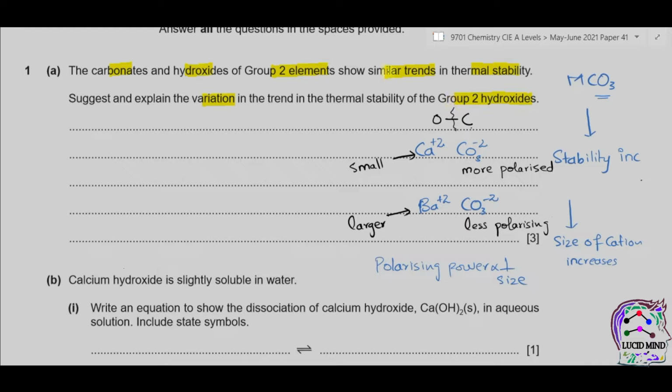In the question it says that a similar trend is seen in the thermal stability of group 2 hydroxides. So hydroxides can also be explained in a similar manner. We can say that down the group, group 2 hydroxides become more thermally stable. And the reason is similar.